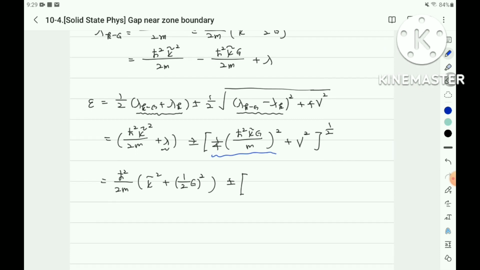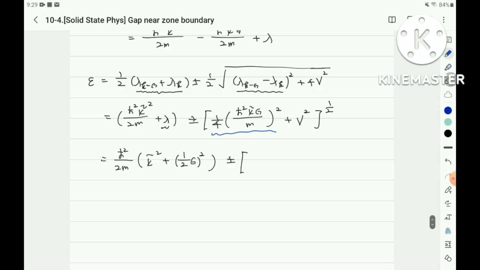It can be written down as one half, h bar square over 2m, then g square over 4, and then h bar square k tilde square over m. Then it should be 8 here. It is lambda, and therefore when it decomposes in this term like this, it is that.